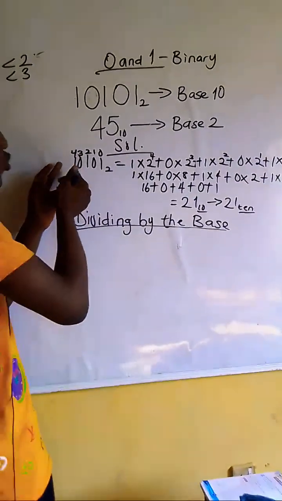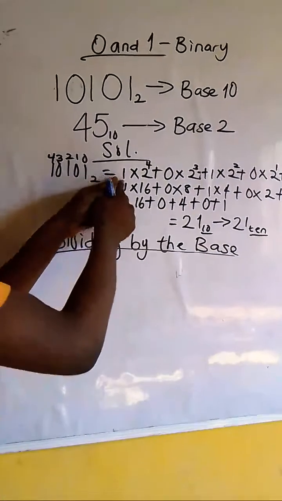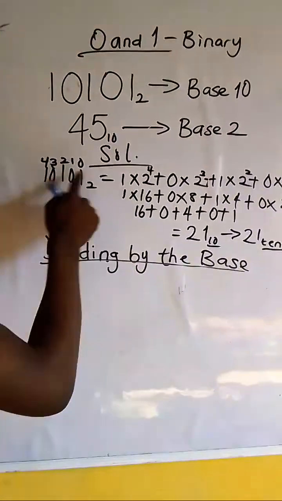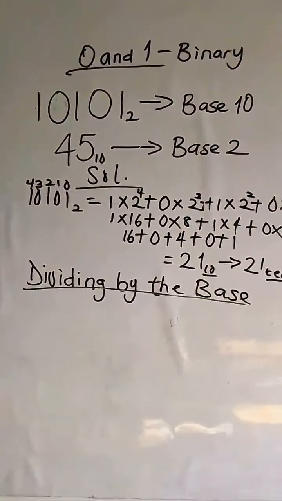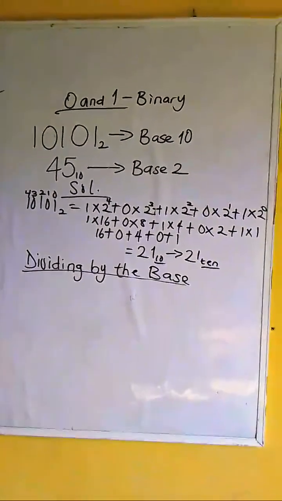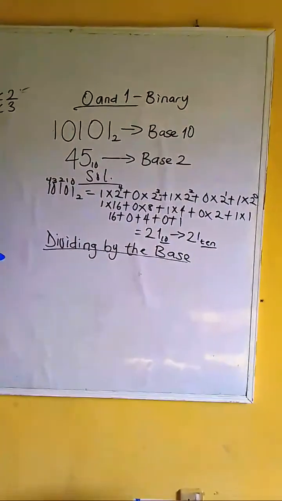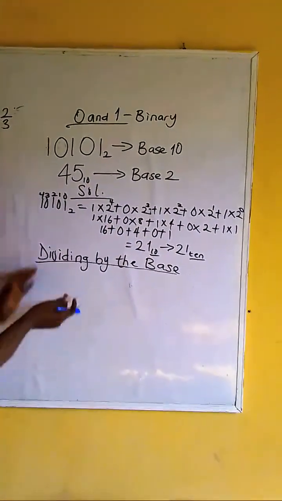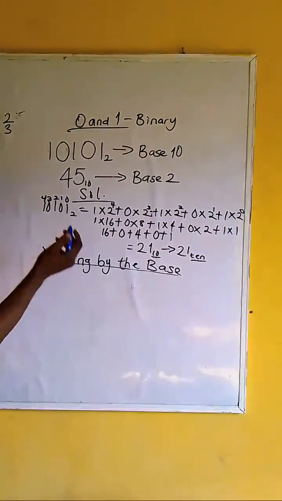We multiplied each digit by the base: 1 times 2, 0 times 2, 1 times 2, 0 times 2, and so on. But for converting base 10 back to base 2, all we are doing is dividing by the base. It's not just our normal dividing. We're going to be dividing and putting down the remainder.